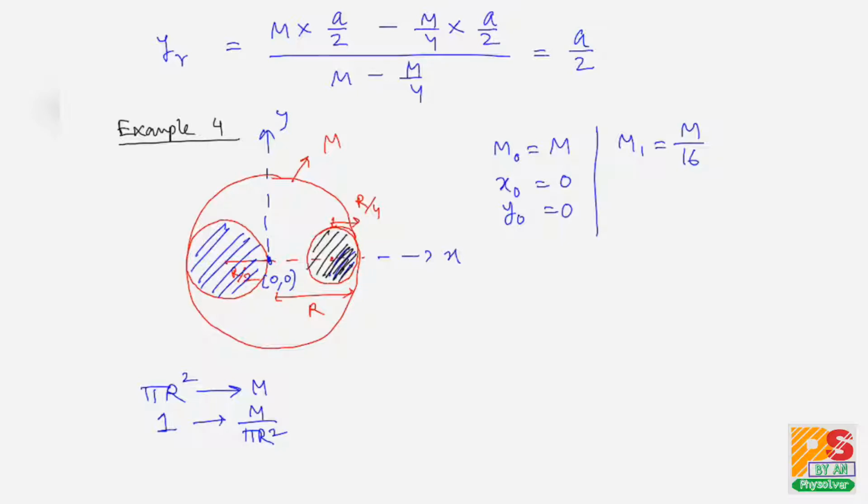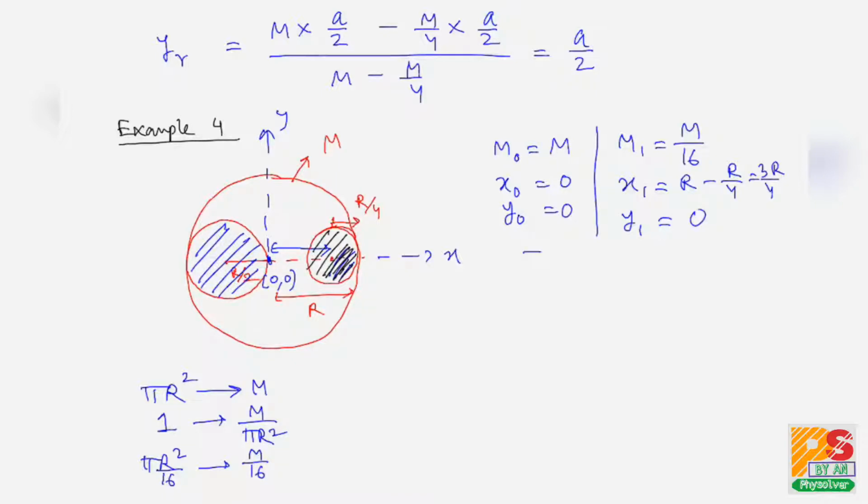Now you can see the area of the black disk is pi r square by 16, so it is nothing but m by 16. I hope you understand. m1 is m by 16. What about x1? x1 is this thing, that is r minus r by 4, that is 3r by 4. And y1 is obviously 0.